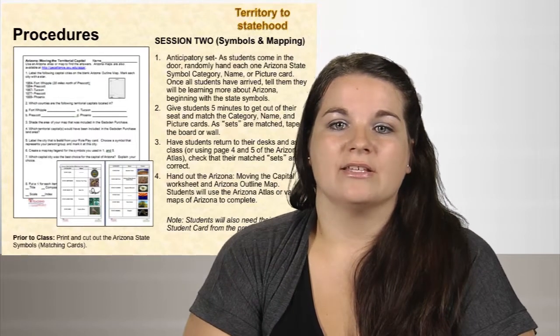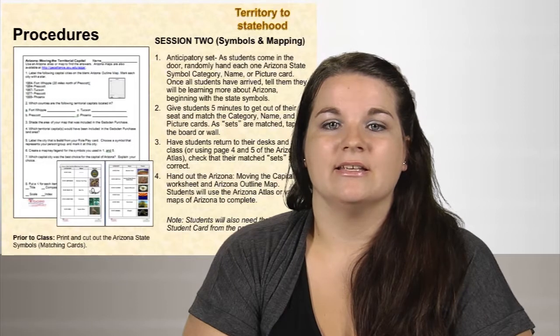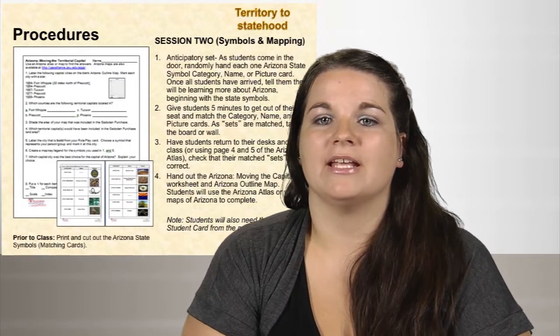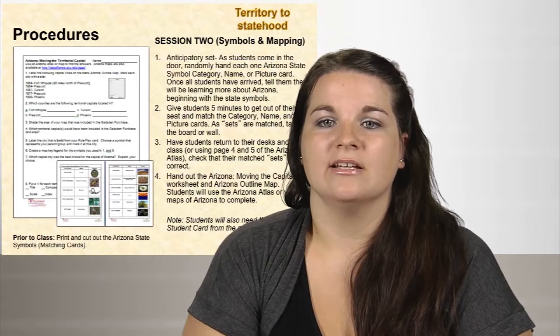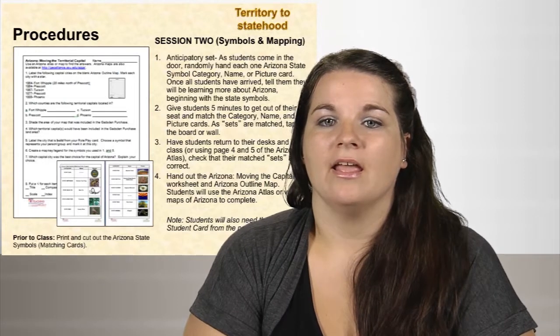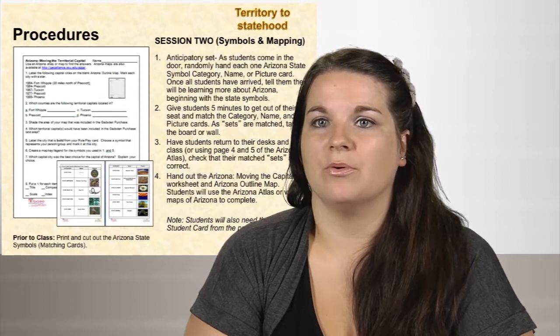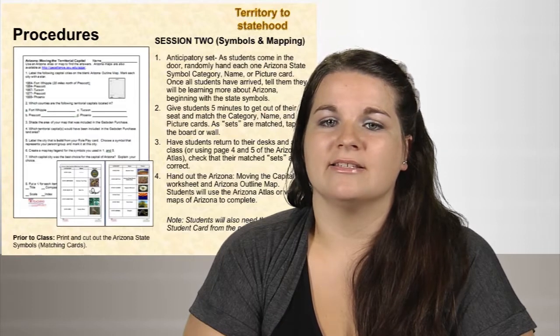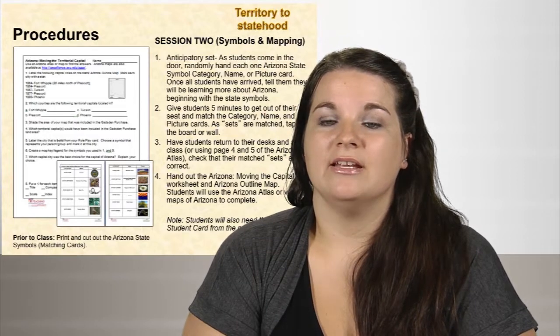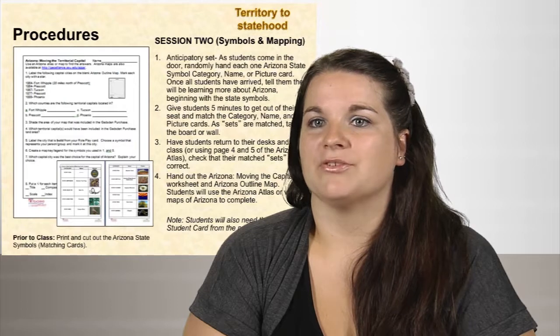Once each student has one, you're going to give them about 5 minutes to get out of their seat and try to match the category, the name, and the picture so they're all standing in sets once they're matched up. As they're matched up, you're going to either attach them to the wall, to the board in some manner, push pins or tape, so that they're in matched sets. Once students return to their seat, you're going to go over the matched sets and make sure they're correct.